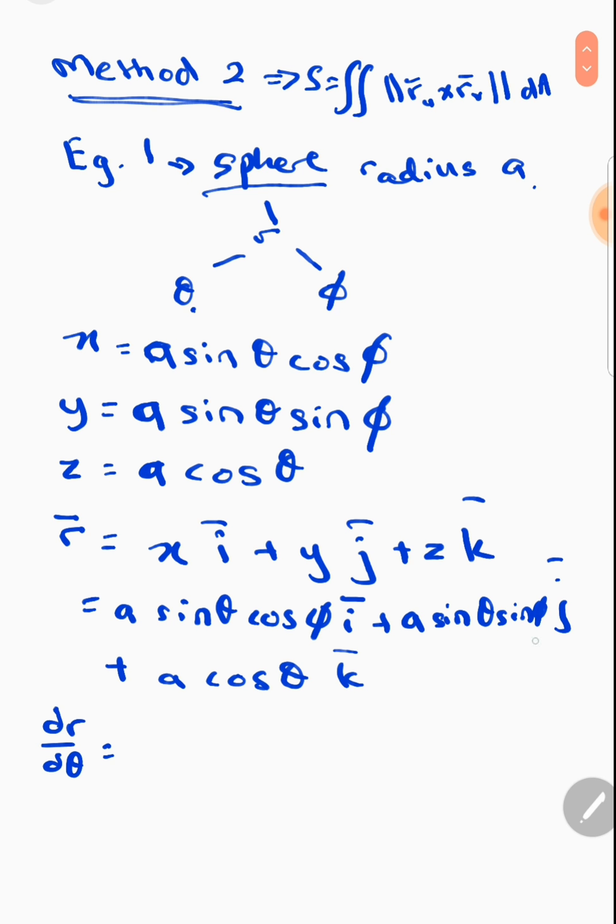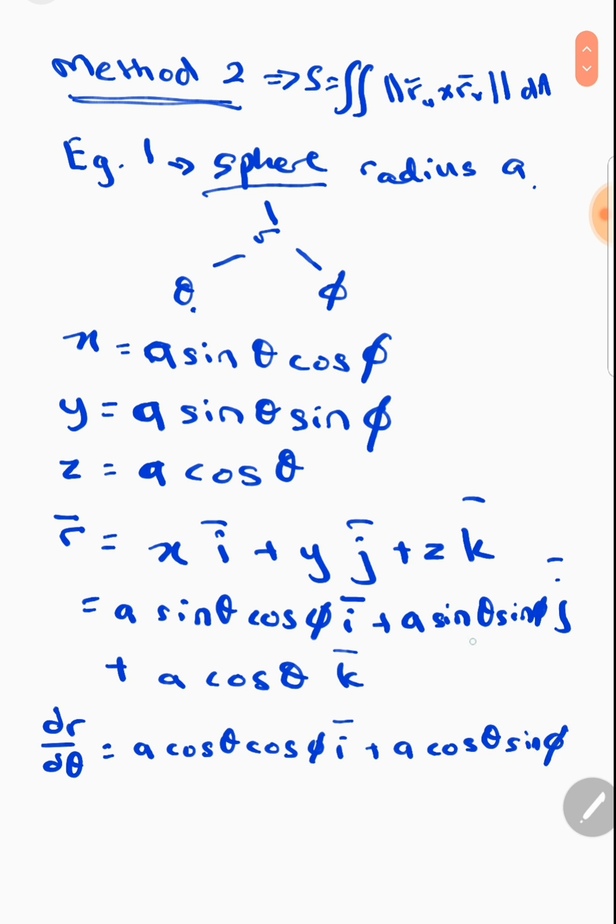If I differentiate this according to theta, then phi becomes constant, and a becomes constant. So starting with d theta, this gives me a cos theta cos phi i plus a cos theta sine phi j.